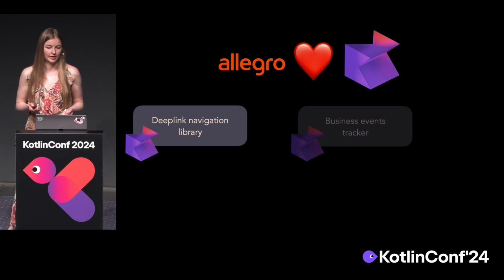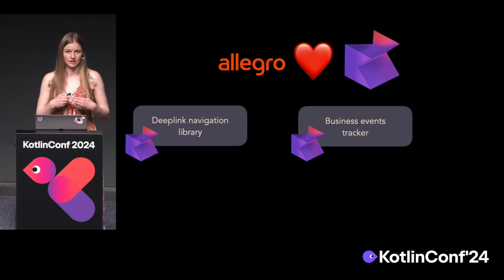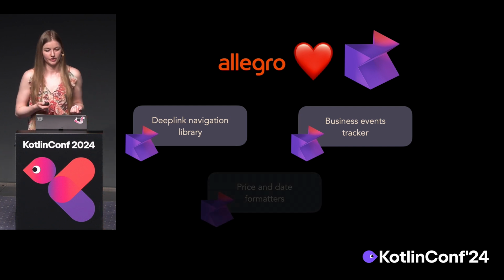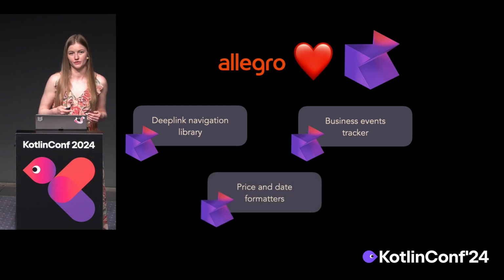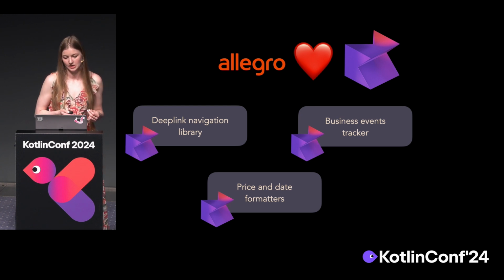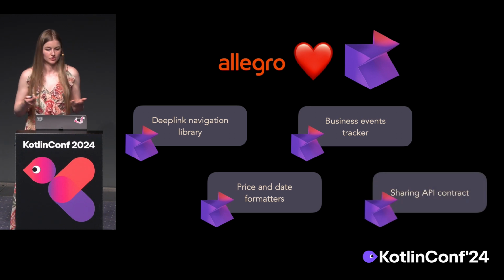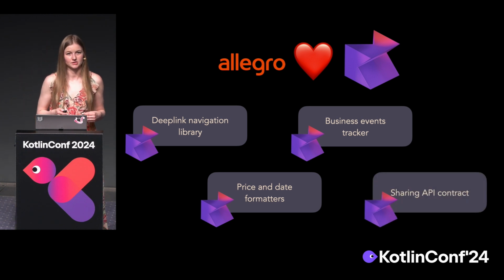Also, another team created a multi-platform business tracker that allows sharing the definition of the events. Our team that works on the design system also uses Kotlin Multiplatform to share price and date formatters. And I also saw an example where a team uses Kotlin Multiplatform to share the contract of some complicated API.